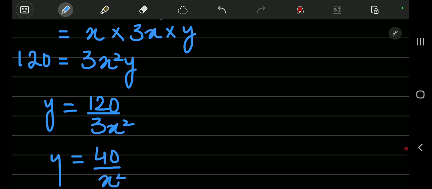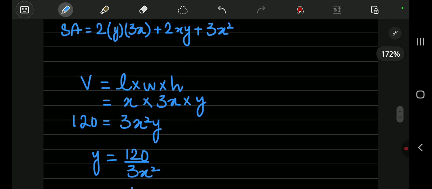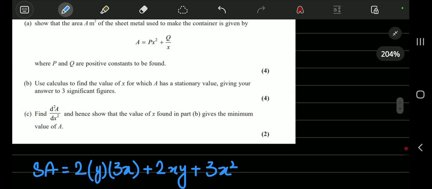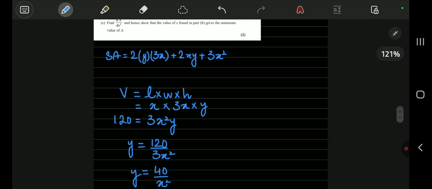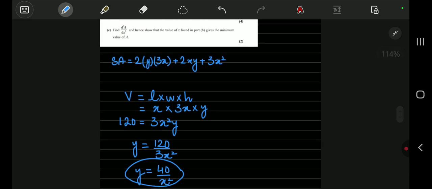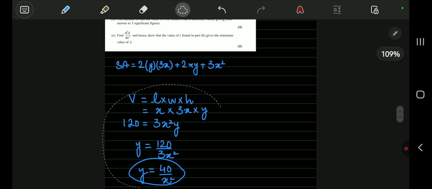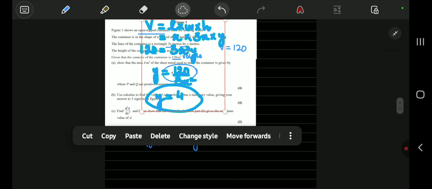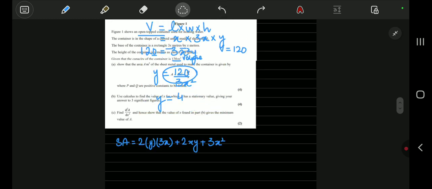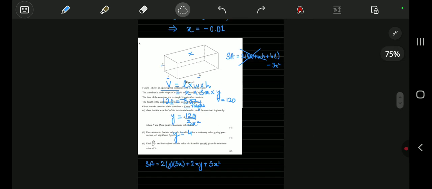Why I made this, I'll let you know. If you look at your area formula, the area expression is dependent on y, so you need to substitute y back into your original area equation. This is the reason why I used the volume that they have given you.